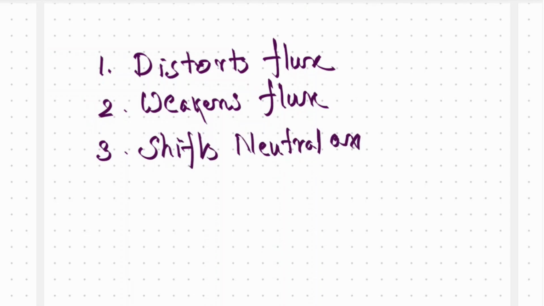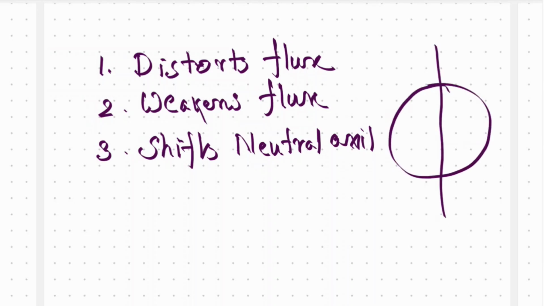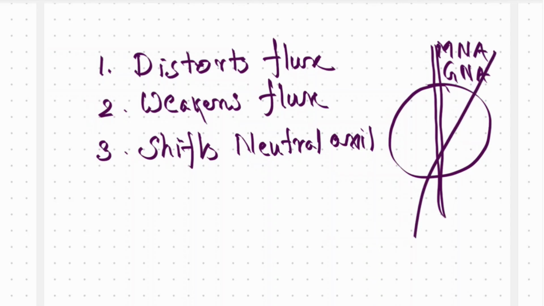If this is the MNA, magnetic neutral axis, and similarly the GNA, geometrical neutral axis, then because of armature reaction, sometimes it will shift the MNA, the magnetic neutral axis. So this is the effect of armature reaction.